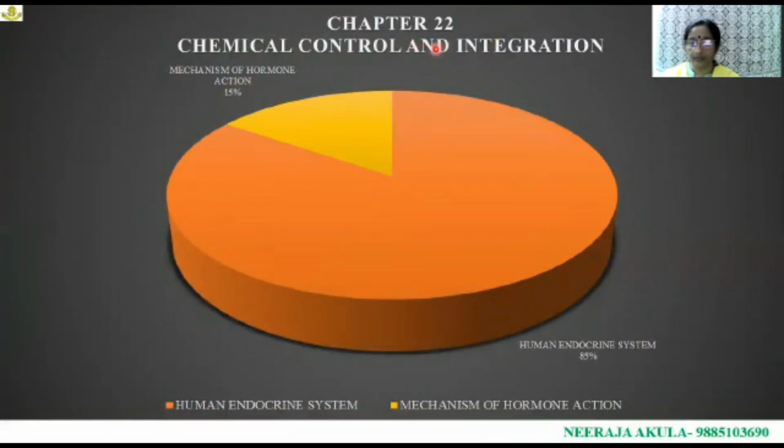Chapter 22, chemical control and integration. Maximum bits, almost all bits, came from the human endocrine system. Last year, in 2019, a bit came from the mechanism of hormone action.